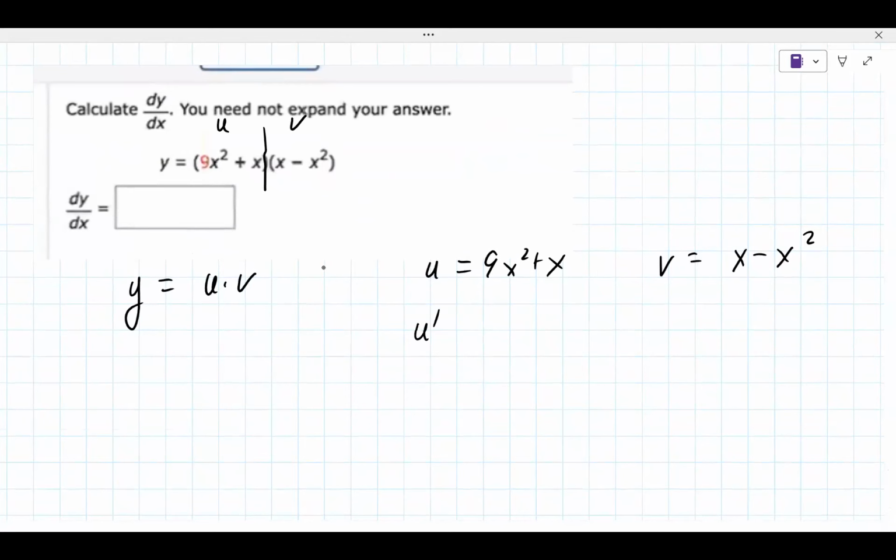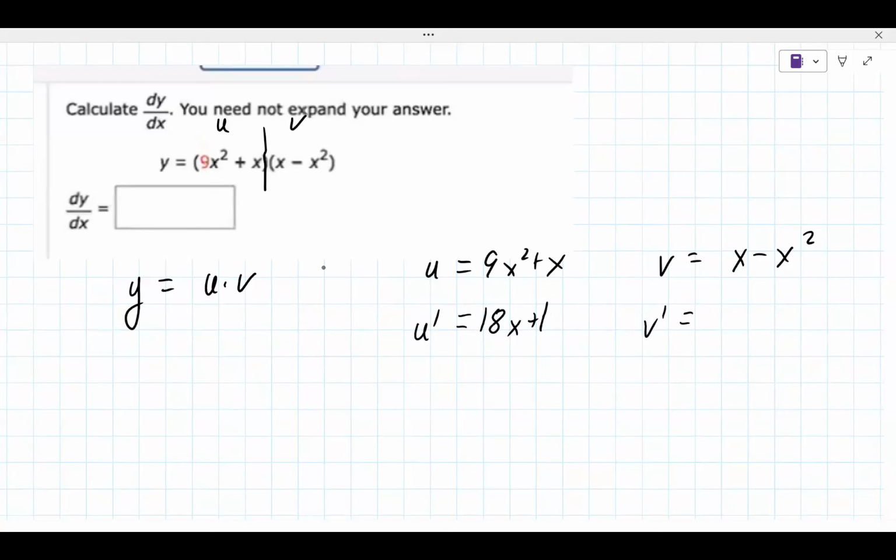For u prime, we bring 2 to the front. So do we multiply it by 9? Yes, it's gonna be 18x. And then x is just 1, so would it be 18x plus 1? Very good.